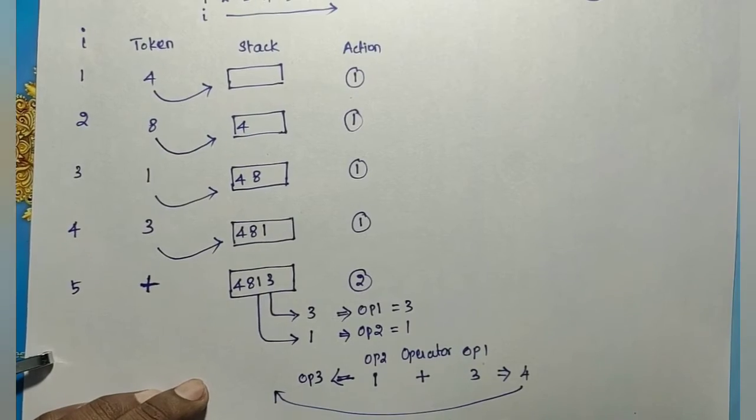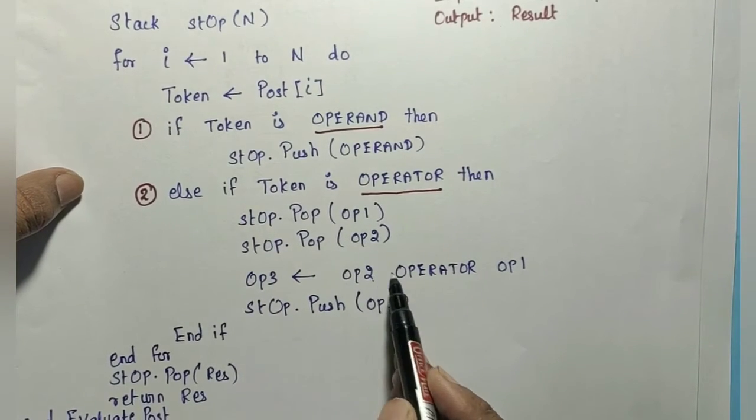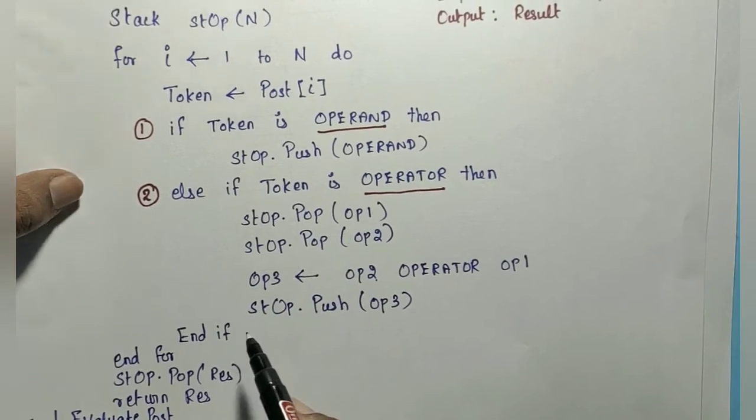So that is the steps here. Pop 1, pop 2, perform, that will be identified as OP3. Just push that into the stack.